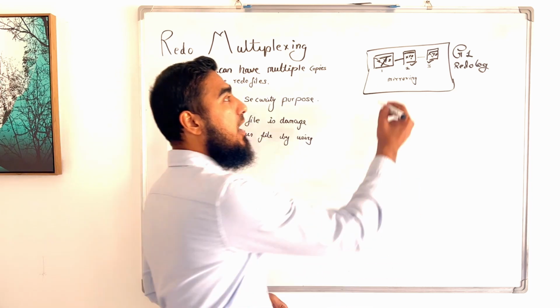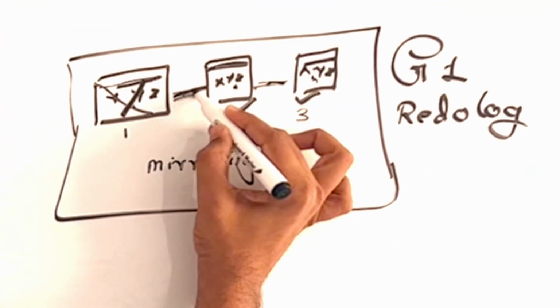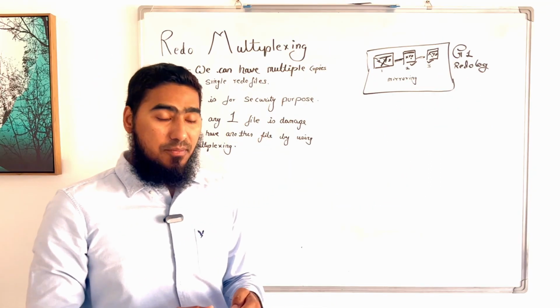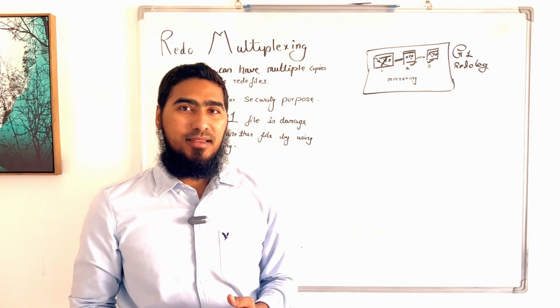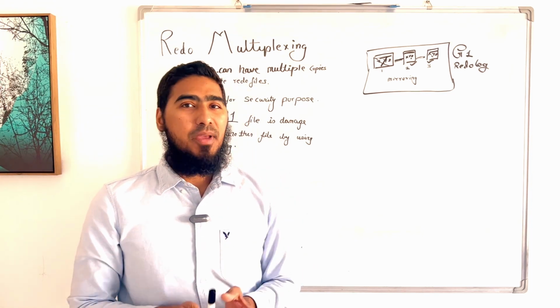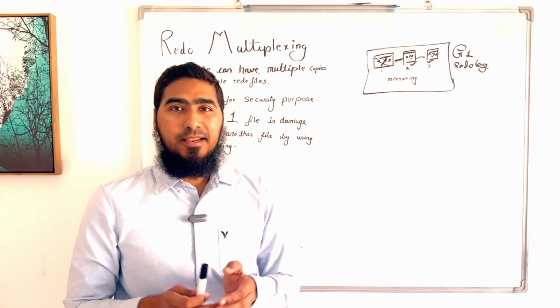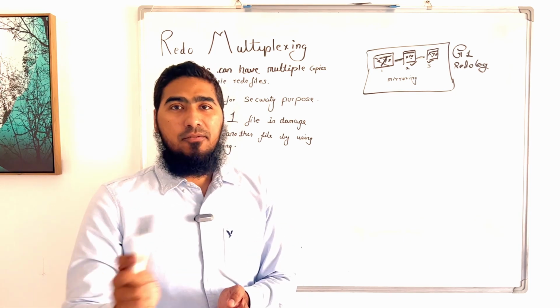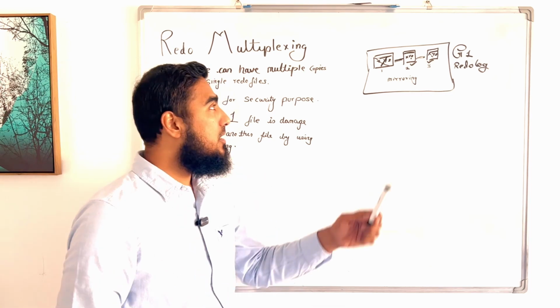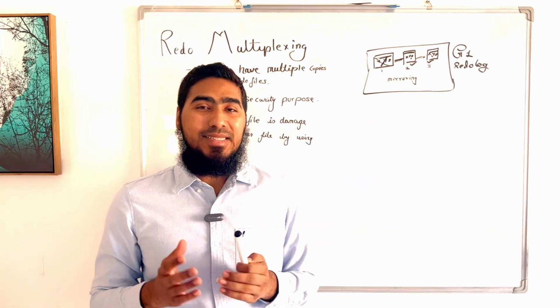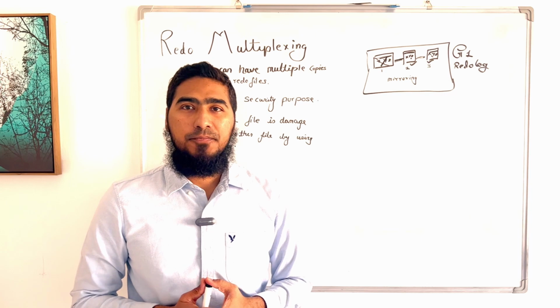In between, they will have this mirroring. This mirroring mechanism is done by Oracle internally. The Oracle mechanism understands that if you have multiple redo files in one redo log group, they would be mirrored. So this is the concept of multiplexing in redo log.